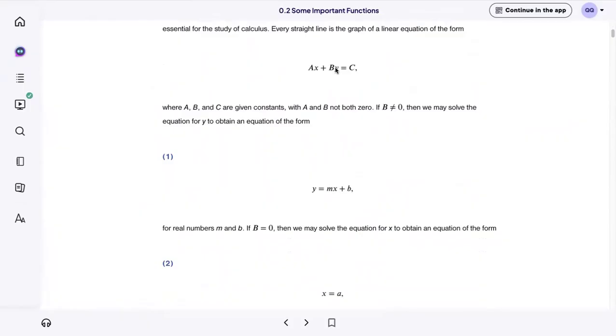And we can solve for y to write this standard form into slope-intercept form, y = mx + b. So m measures the slope, the rate of change of y with respect to x, plus b. b is the y value of the y-intercept.